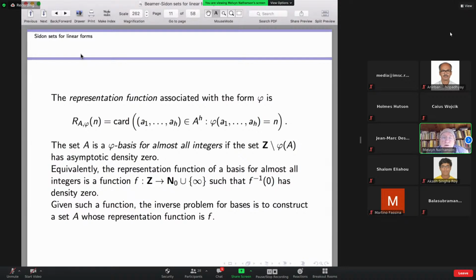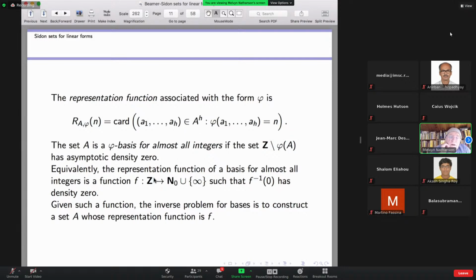And we have the representation function associated with the form. You have a form phi, a set A, and a number n, and the number of representations is just the number of ordered h-tuples of elements of A where phi(a_1, ..., a_h) equals n. And we say that a set A is a phi basis for almost all the integers if almost every number has a representation of this sort.